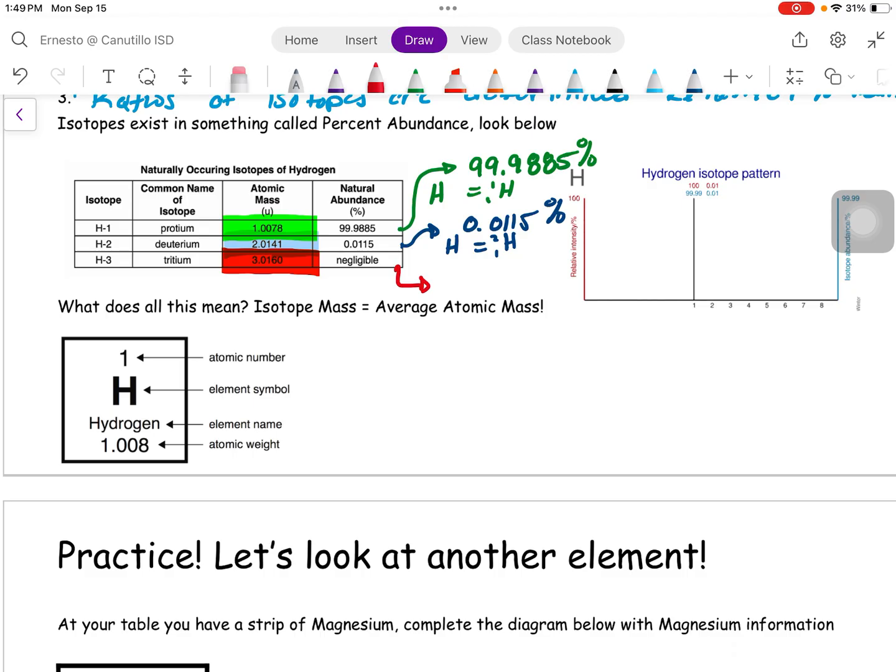What that tells us is that the amount is so small it is insignificant. It does not register because the quantity is so small that it has no effect on any of the data here. In this situation, this would be the most rare, and the top one, hydrogen 1, would be the most abundant.